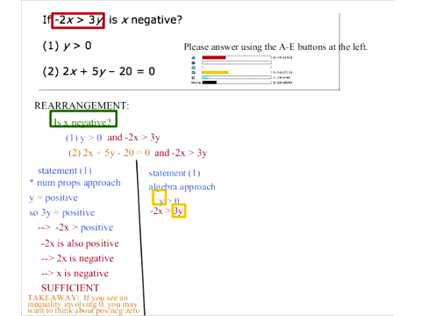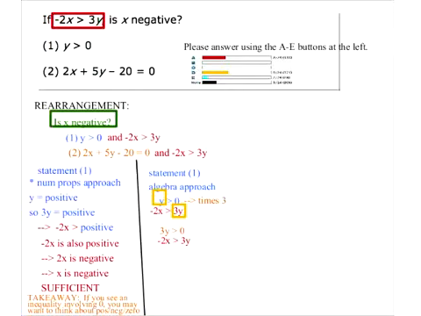So we can multiply times 3 here. If we do that, we get 3y is greater than 0. And we also have that negative 2x is greater than 3y. So we can add these.